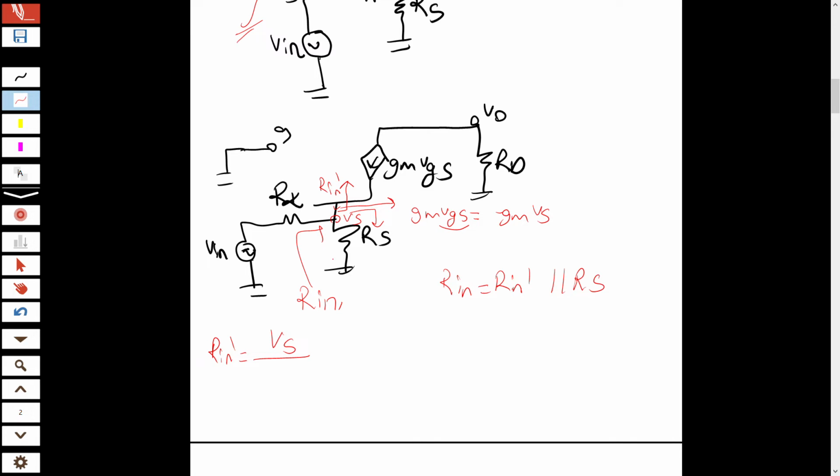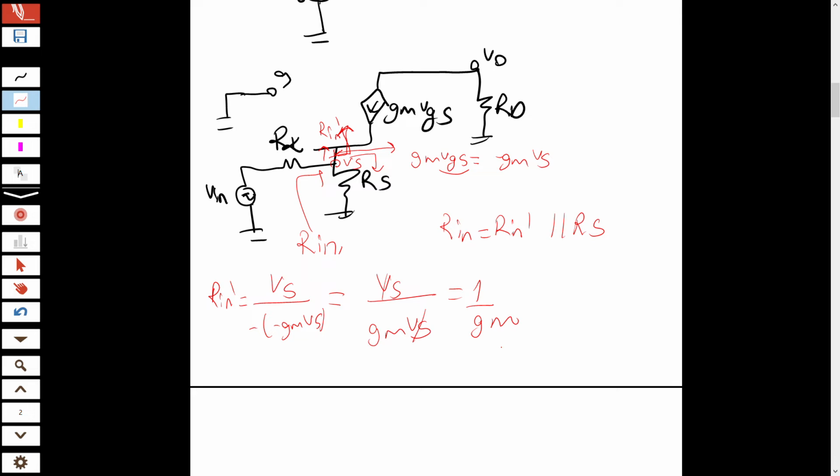I take the current going from here to find the equivalent resistance above, so again minus gm V source. So R input prime becomes V source over gm V source, and it is 1 over gm. So if R input prime is 1 over gm, then R input equals 1 over gm parallel R source.